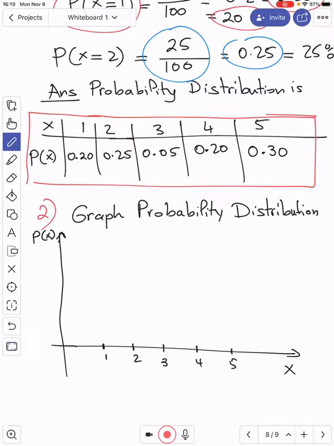Then for the possible values of P of X, the smallest value is, as you can see, 0.05, and the largest value is 0.30. So on this vertical axis, I'm going to put 0.05, 0.1, 0.15, 0.20, 0.25, 0.30.